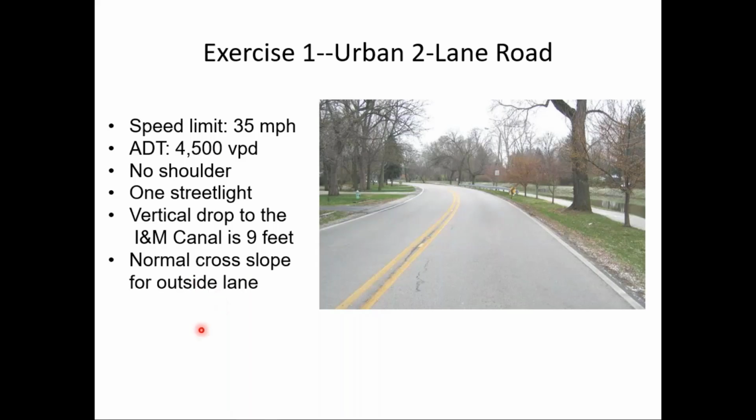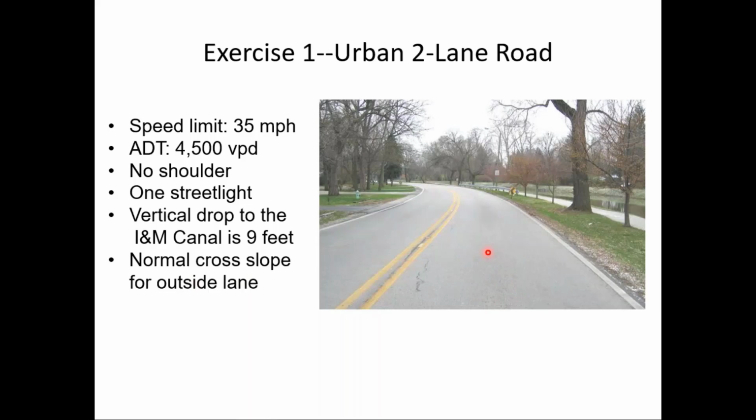Also notice here, I didn't really comment on it, but there's a normal cross slope for the outside lane, which means that a normal crown goes around this entire curve, which if you think about it, for traffic in this lane going into the curve, that's really what we talk about, the adverse super elevation, because for a curve to the left, the right side of the road should be higher than the left.